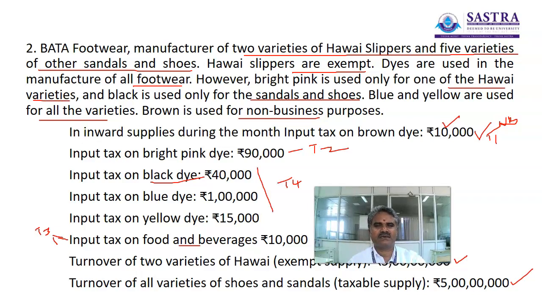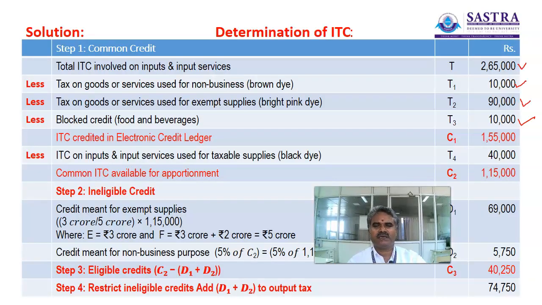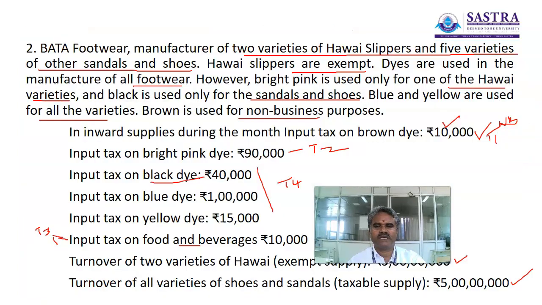Hawaii varieties, no. Dyes are used for manufacturing footwear. Blue and yellow, so black automatically goes to sandals and shoes. 40,000. Taxable supplies 40,000. T4. Because blue and yellow dye are used for all the varieties.